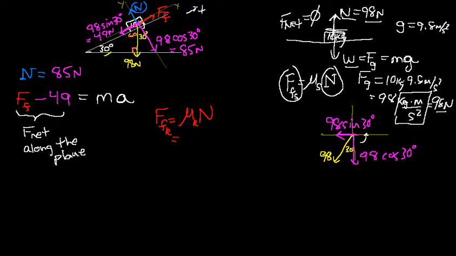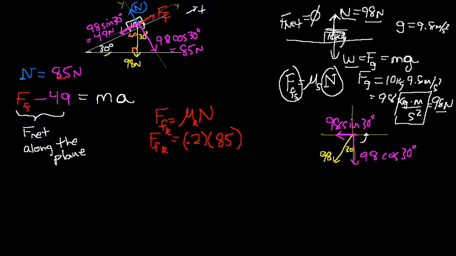And let's just give this a number. Let's say that this is 0.2, for example. And this is the normal force. We said that was 85 newtons from up here. So this force of friction is going to be 0.2 times 85.